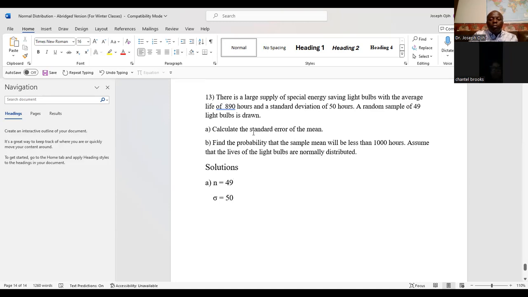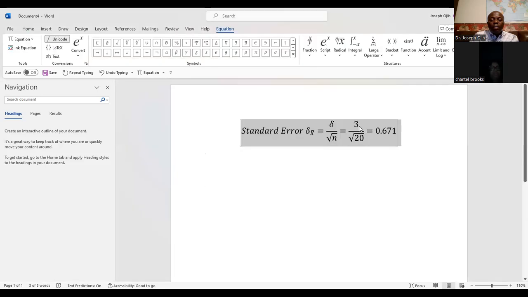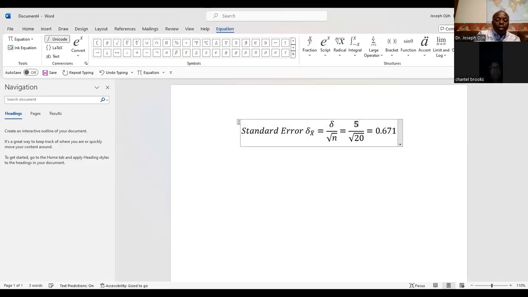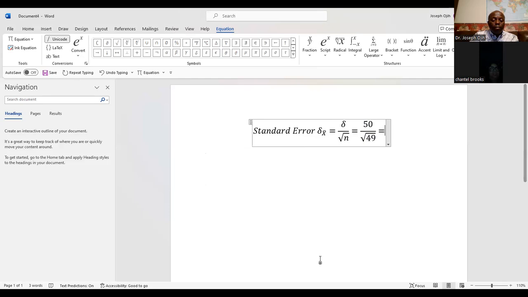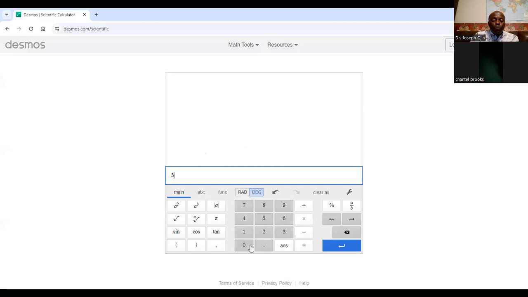We have to find the standard error of the mean. It means standard deviation divided by the square root of 49. So this is the standard deviation of 50 divided by the square root of 49, and that will give us, from the calculator, 7.14 rounded.